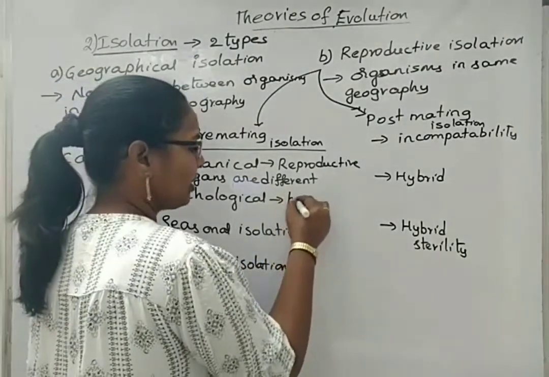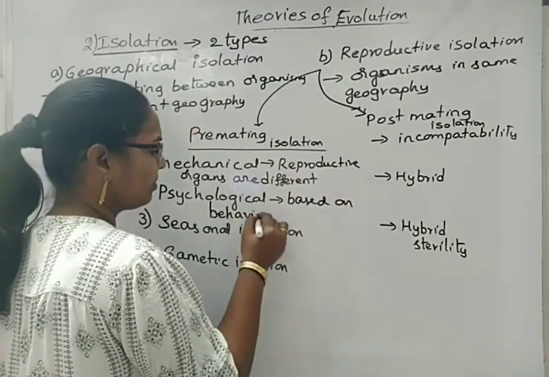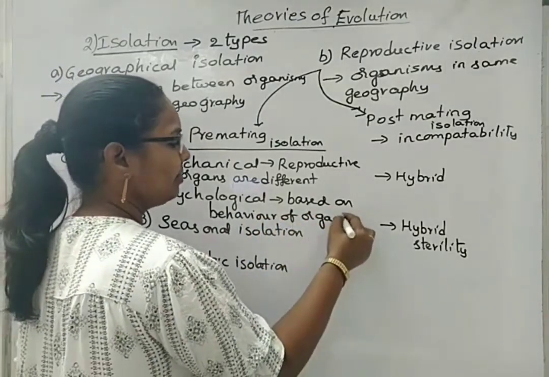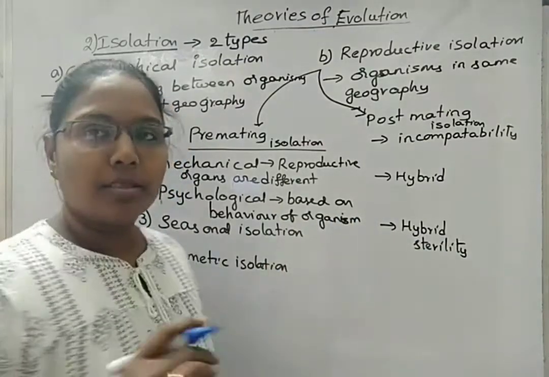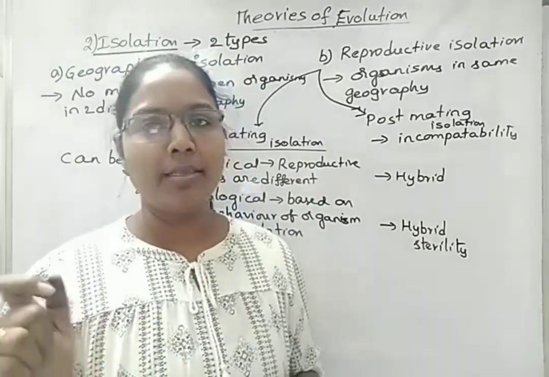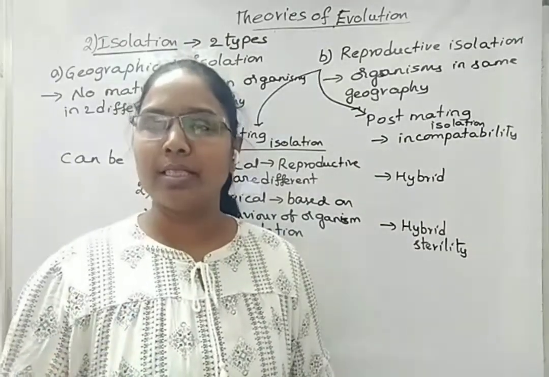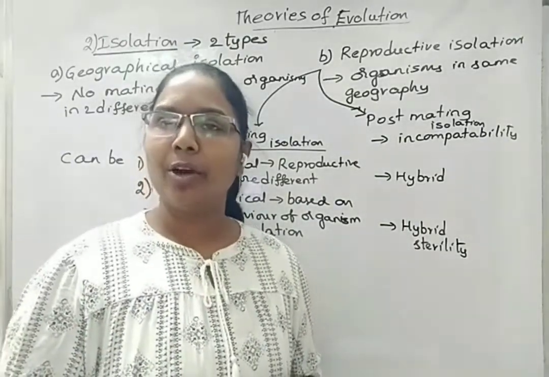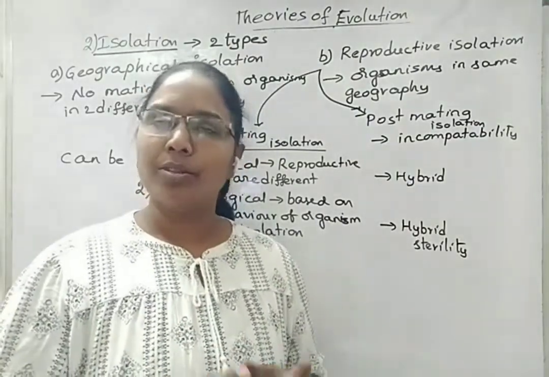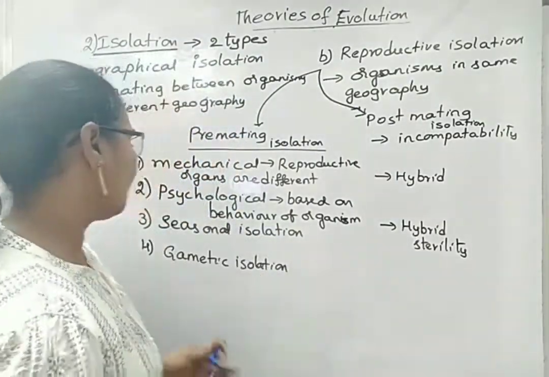It is based on the behavior of the organism. Mostly organisms reach a reproductive age at a certain period. If the organism has not reached the reproductive season or age, it will not have the psychology or behavior to be involved in mating. So that also can be one of the reasons to avoid mating among organisms.